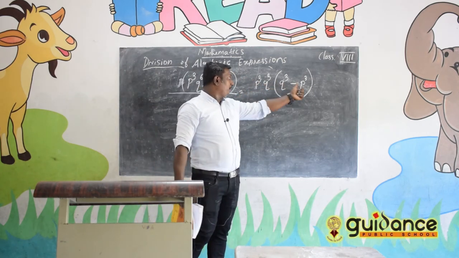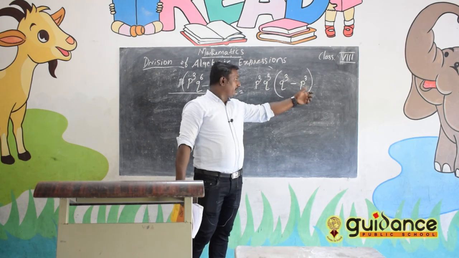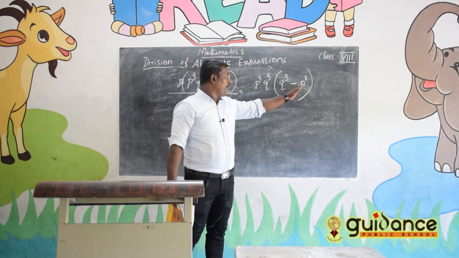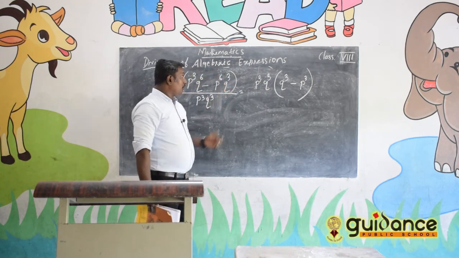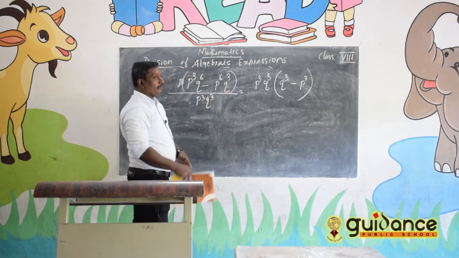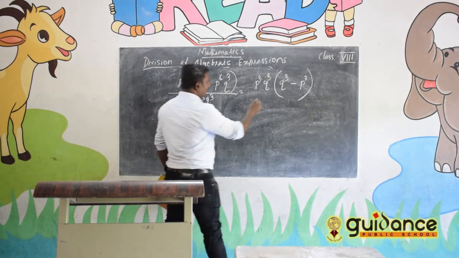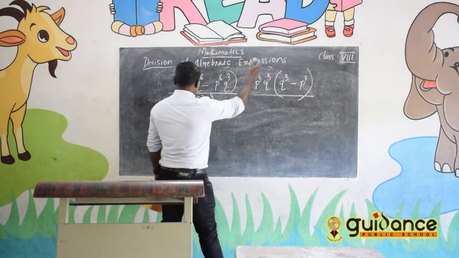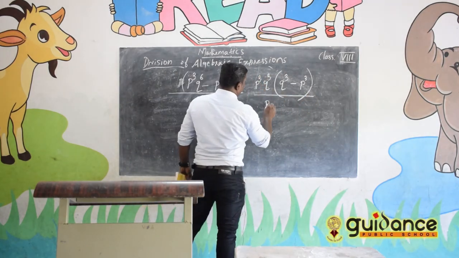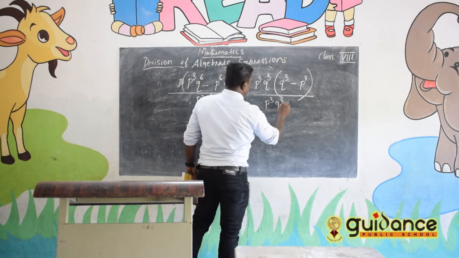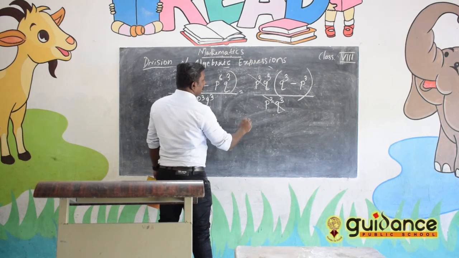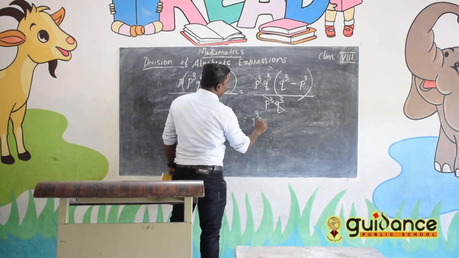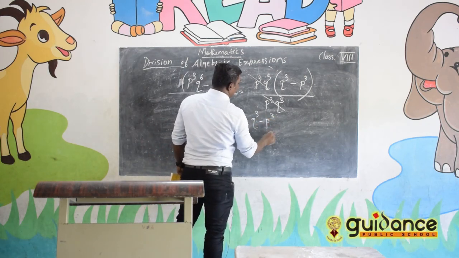Here p cube into p cube is p raised to 6, and q raised to 3 into p cube is p raised to 3 into q cube. That will be there, divided by p raised to 3 into q raised to 3. So these things we can cancel easily. Then the remaining is q raised to 3 minus p raised to 3.